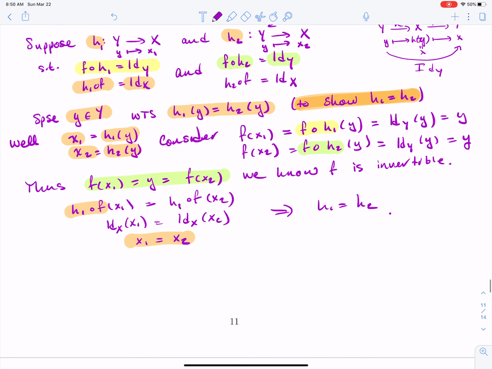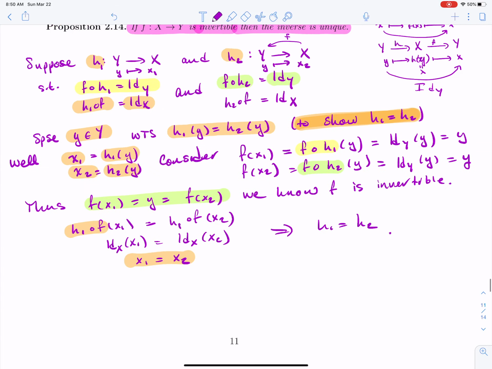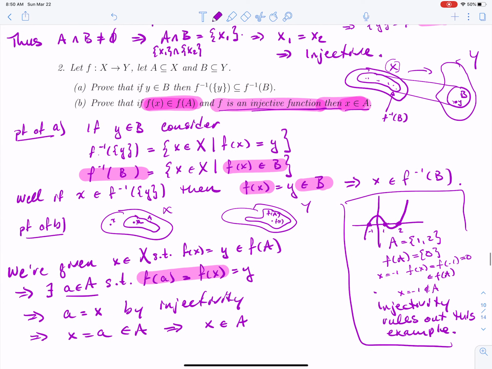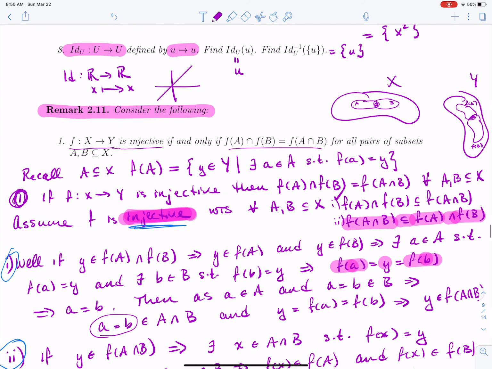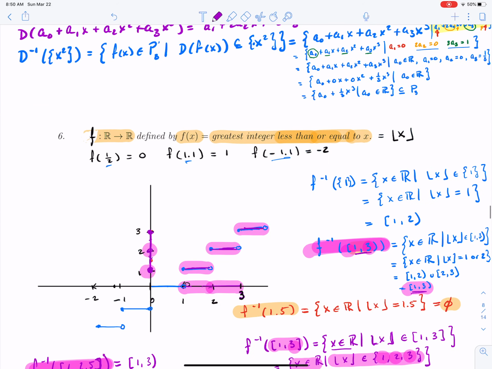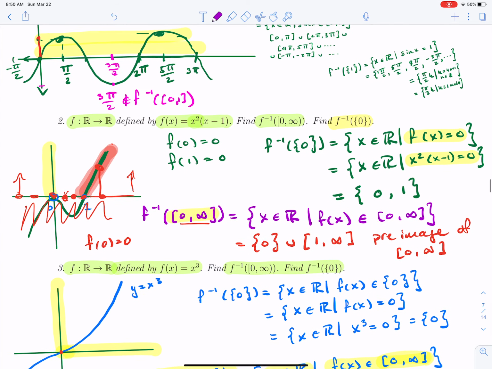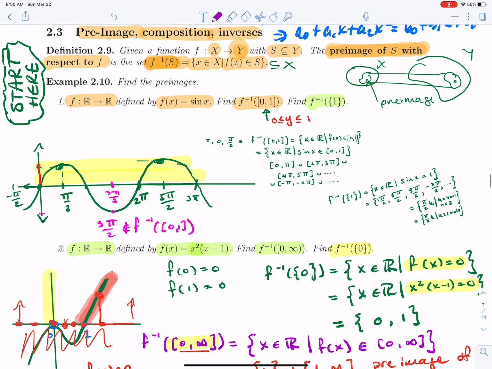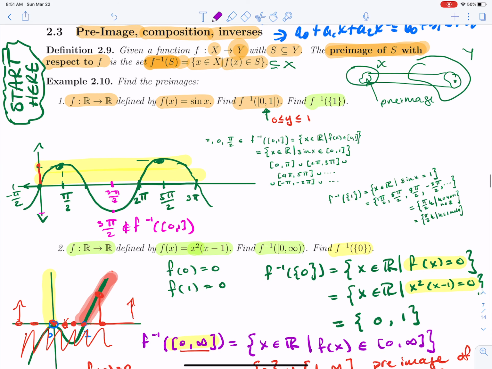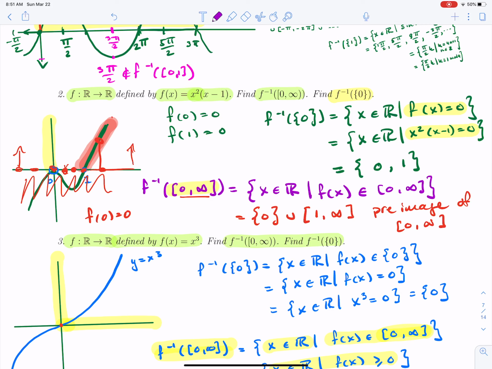If we look back to the functions above, you might want to pause the video and check which of the functions that we looked at a while ago were injective, surjective, and bijective. You should be able to convince yourself that the sign is neither injective nor surjective, so it doesn't have an inverse.